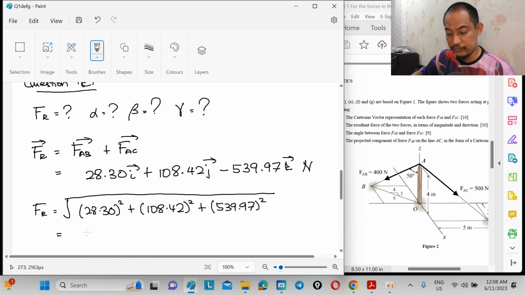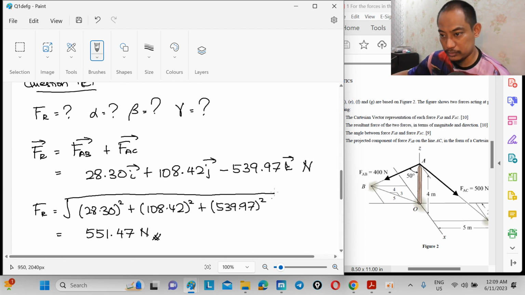So it becomes 551.47 Newton. This is the magnitude of the resultant. Checking: 28.3 squared plus 108.42 squared plus 539.97 squared, 551.47.